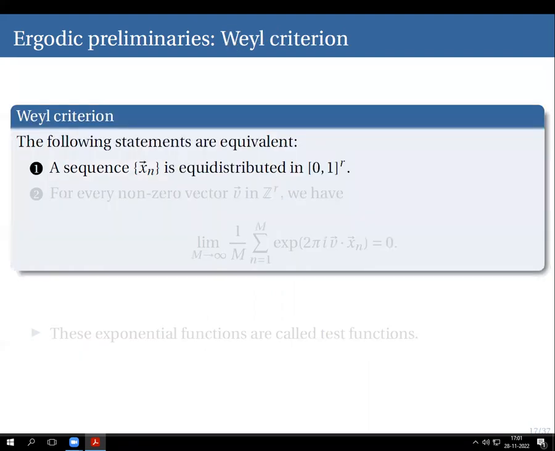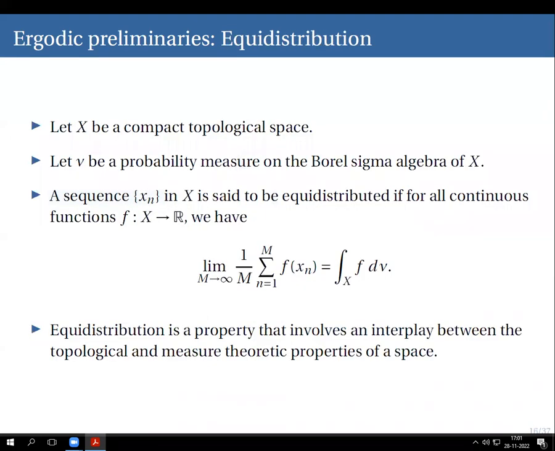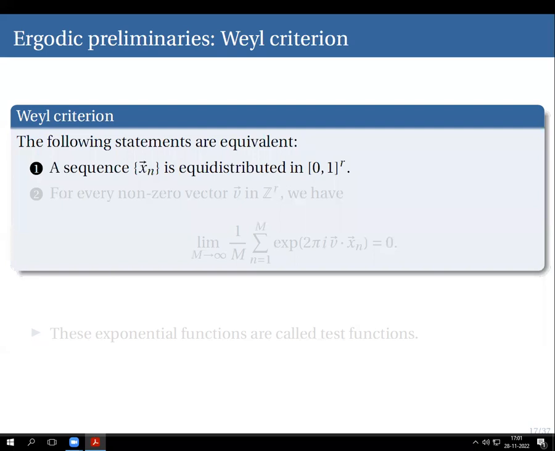Okay, so the statement of the Weyl criterion is that, in general, you need to show this for every function, but the Weyl criterion for [0,1] is that you don't have to show it for every function, you just have to show it for a special class of functions called test functions. And the test functions, in the case of the Weyl criterion, are these exponential functions.